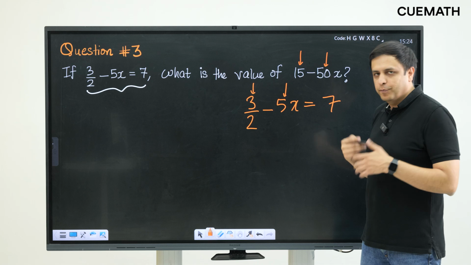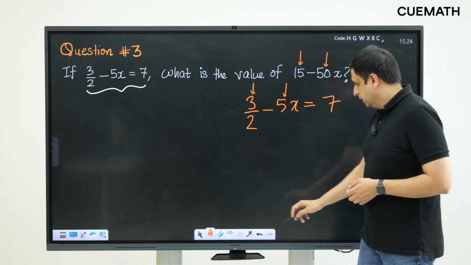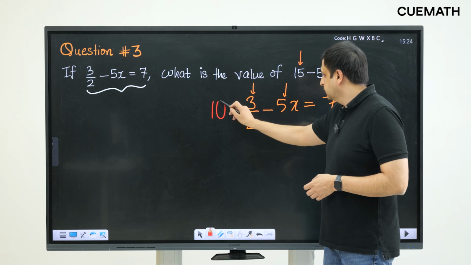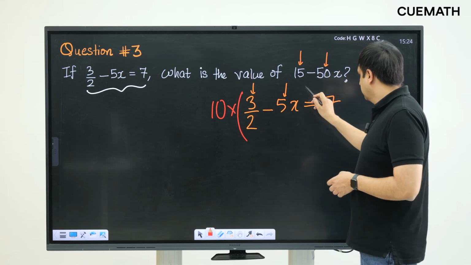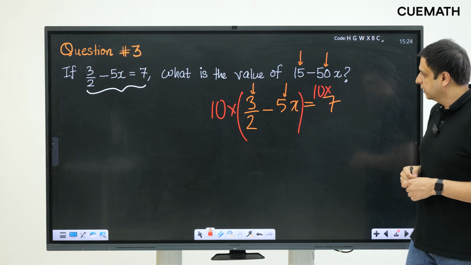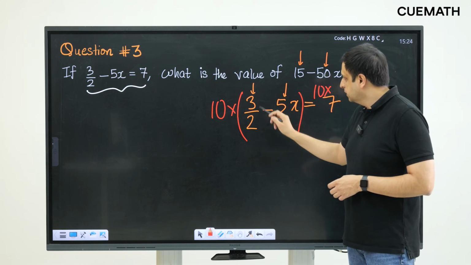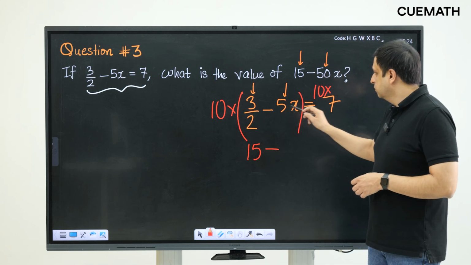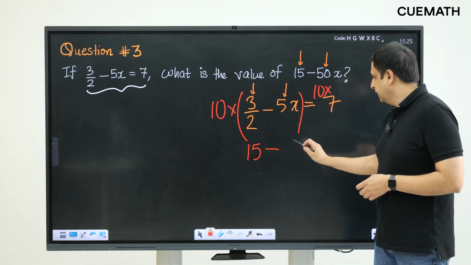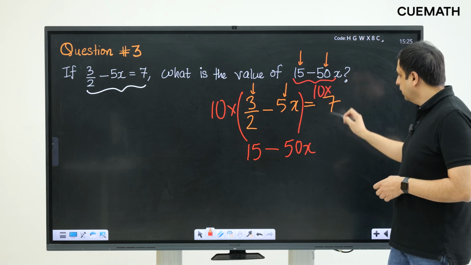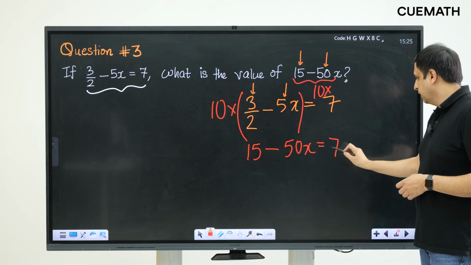If you multiply 5 by 10, you get 50. So all we need to do is multiply both sides of this equation by 10. On the left side, I get 10 into 3 by 2, which is 15, minus 10 into 5x, which is 50x. So 15 minus 50x, the expression I was looking for, is equal to 70.